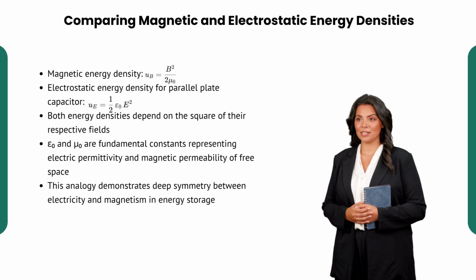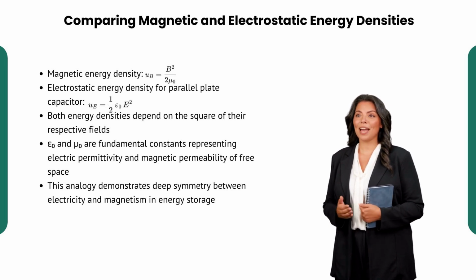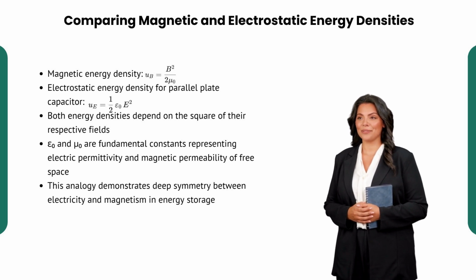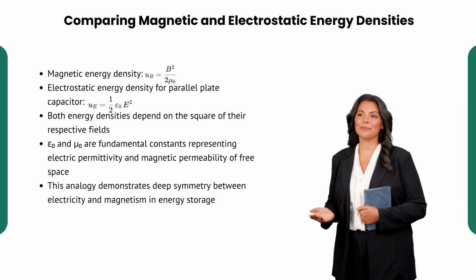The magnetic energy density, energy stored per unit volume in a magnetic field, is U subscript B equals B squared divided by 2 mu0, where B is magnetic field and mu0 is magnetic permeability of free space.